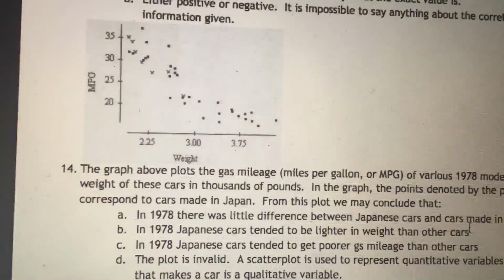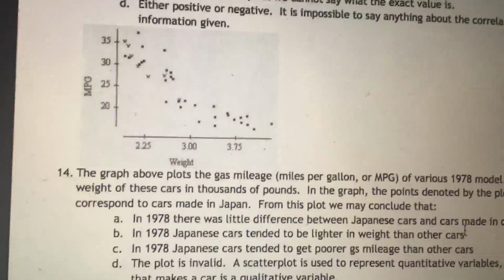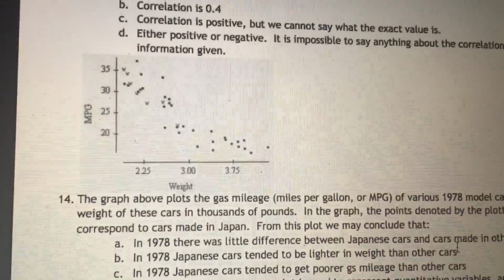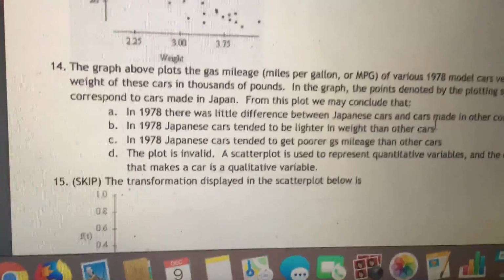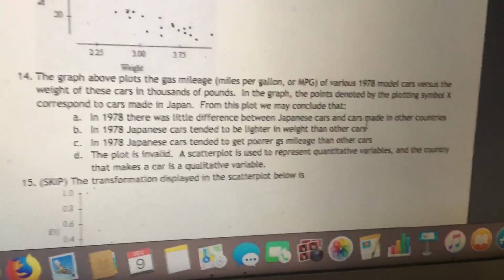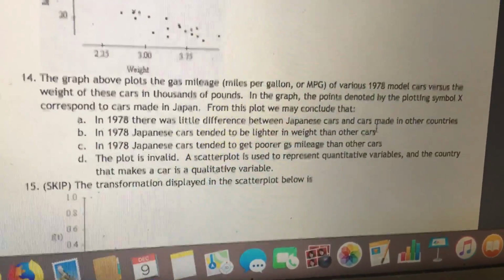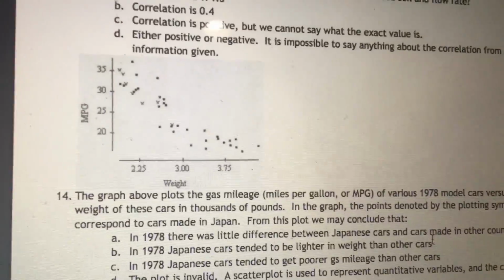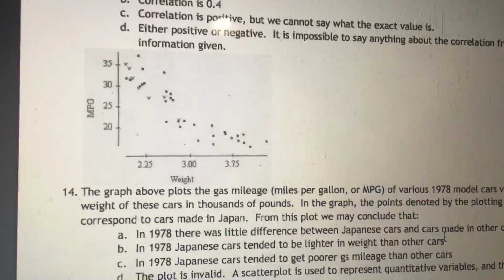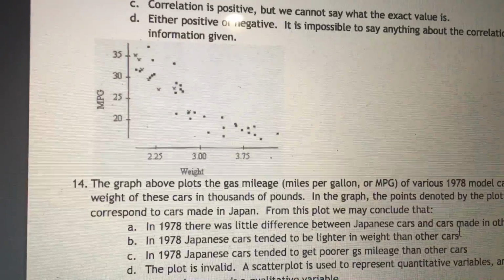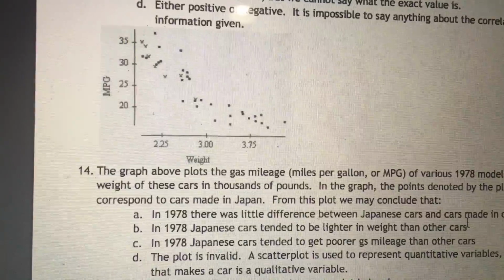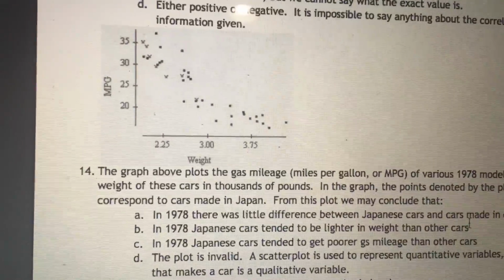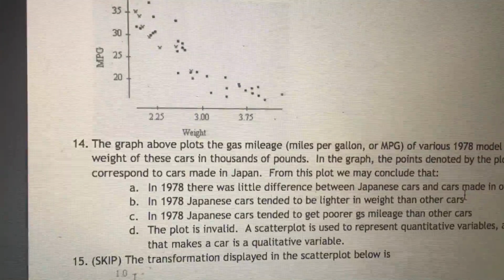None of the Japanese cars exceed 3,000 pounds, while there are plenty of cars not made in Japan that exceed this weight. So that one is true. And then C says in 1978, Japanese cars tended to get poorer gas mileage than other cars. This one is untrue because for the most part, the Japanese cars are ranking on the higher side of MPG here. So C is incorrect.